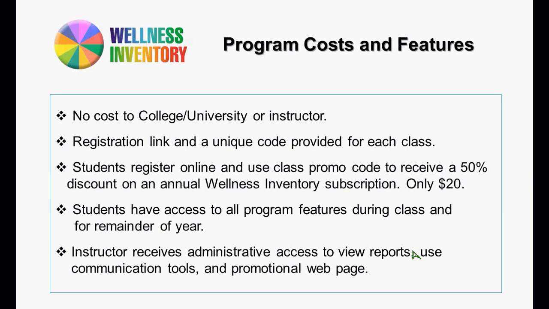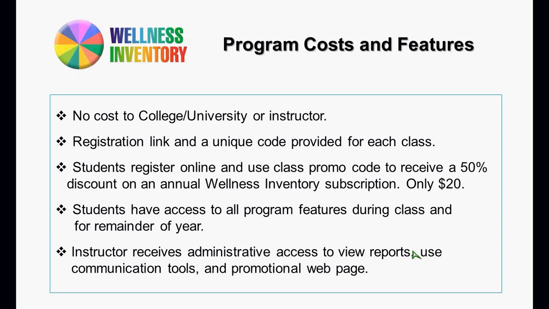And finally, we have the program costs and features. We've set it up in a unique way where there's no cost to the university or the instructor. We provide a registration link and a unique code provided for each class. Students register directly online and use the class promo code to receive a 50% discount on the annual Wellness Inventory subscription, so they're only paying $20 instead of $40.